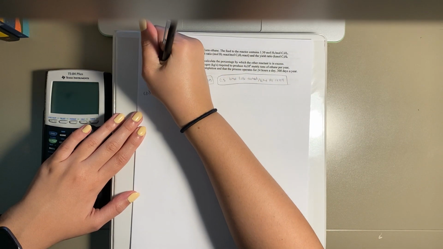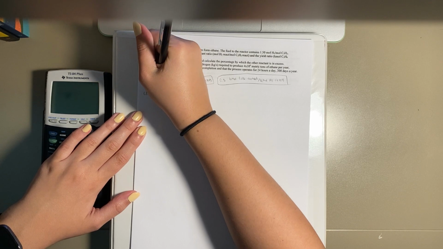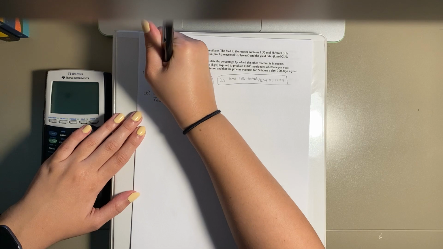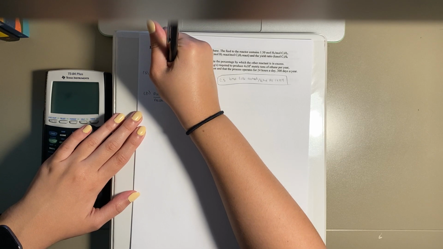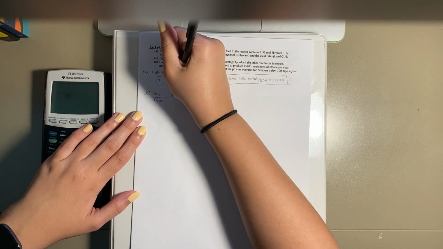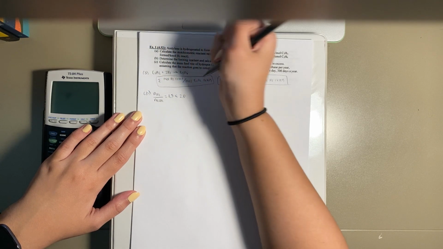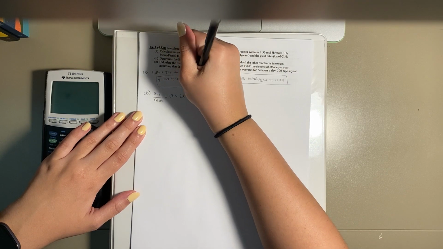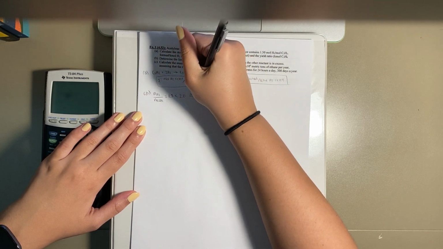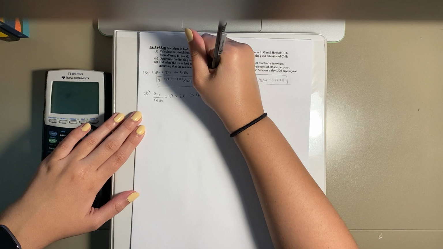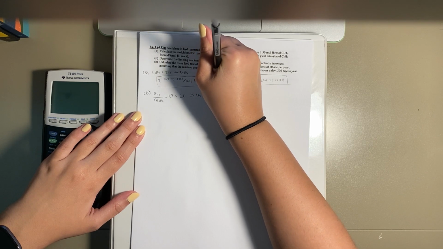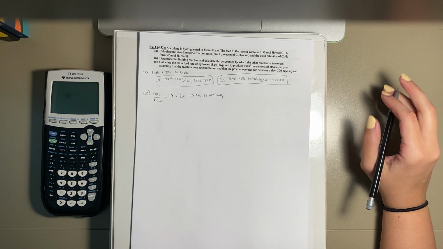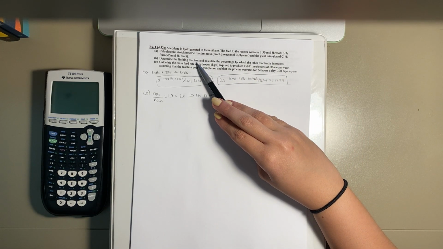And so since the moles of hydrogen per mole of acetylene is equal to 1.5, and it's required that we have 2 moles of hydrogen per mole of acetylene, we know that hydrogen is limiting. So then we identified the limiting reactant.